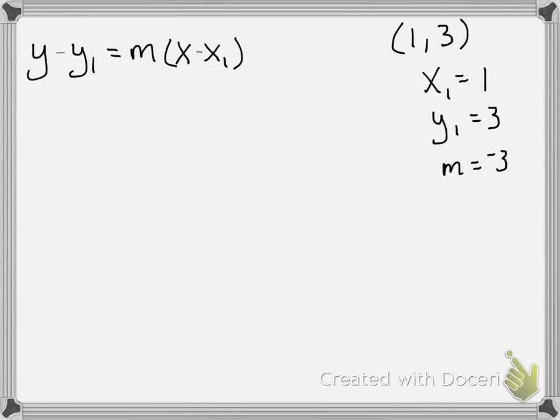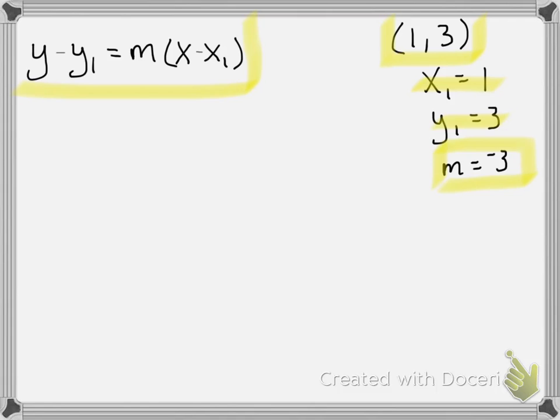Alright, so right over here is the equation of a line, and we were given the point (1, 3), and out of that we get our x1 being equal to 1, our y1 being equal to 3, and we had our slope, which was m, which was basically our y prime from taking the derivative a second ago.